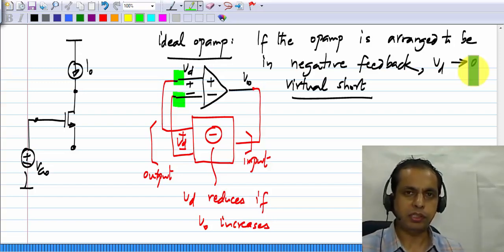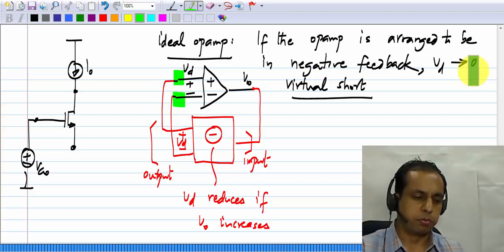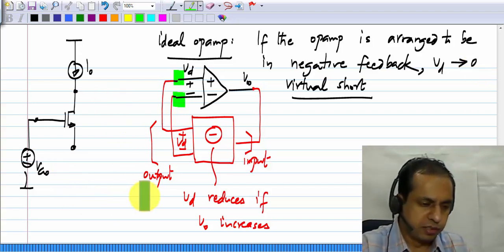Okay. These things are described in more detail in basic electrical circuits, or you can use some of the textbooks that you may have which describe the op amp. So, I am going to use this block to complete the feedback.